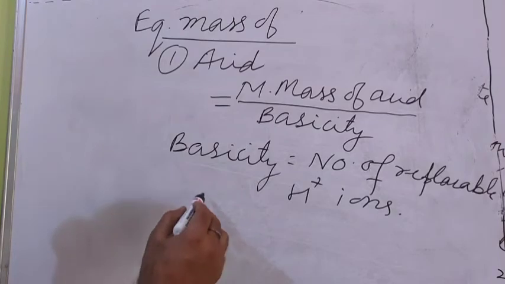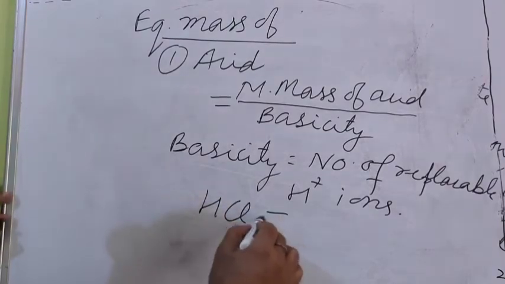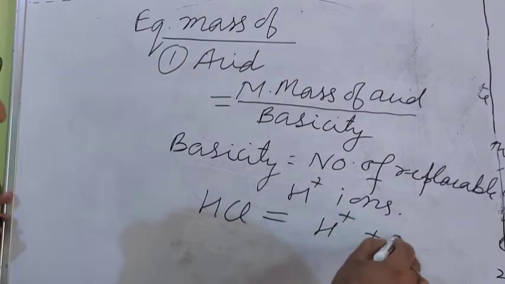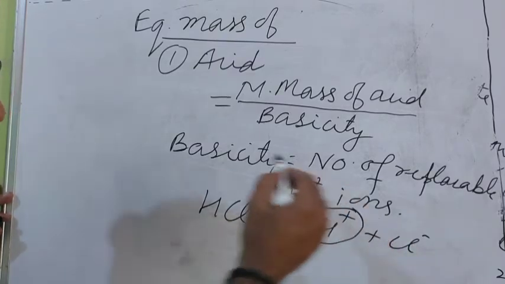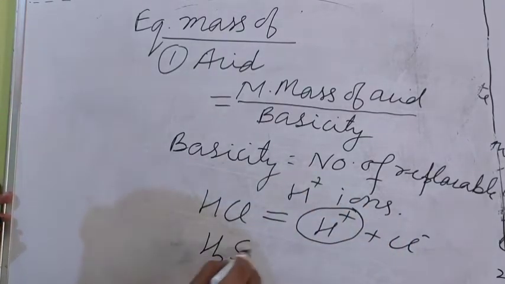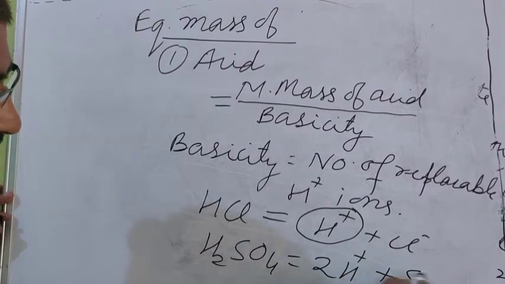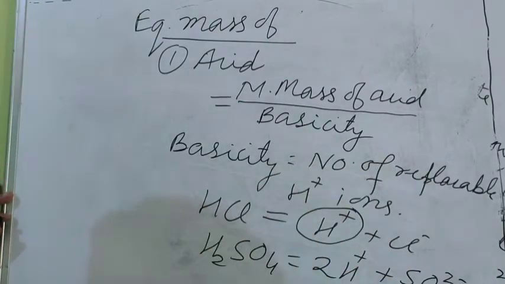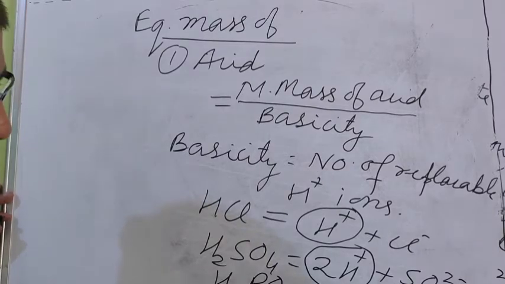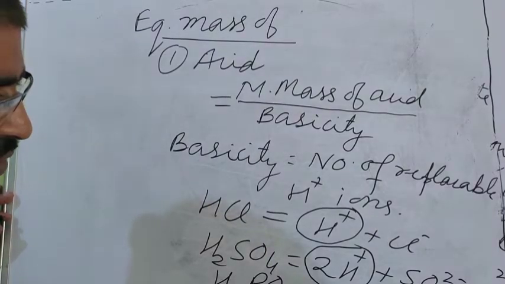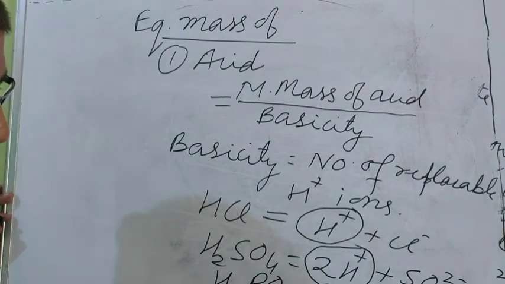For example, take HCl, it gives H plus plus Cl minus, so only one. H2SO4 gives 2H plus plus SO4 2 minus, so there are two replaceable H plus ions. H3PO4 gives 3H plus plus PO4 3 minus, so there are three H plus ions.